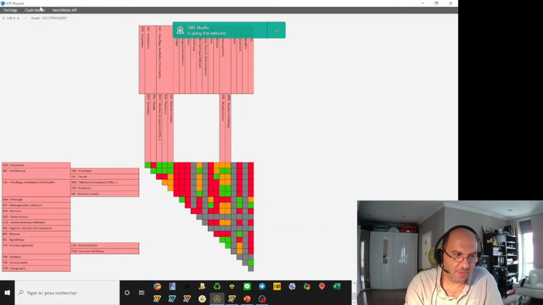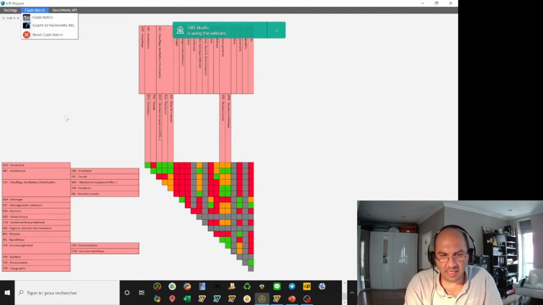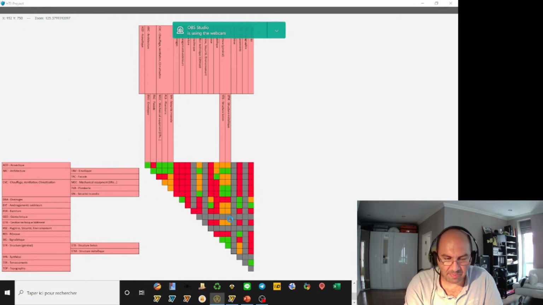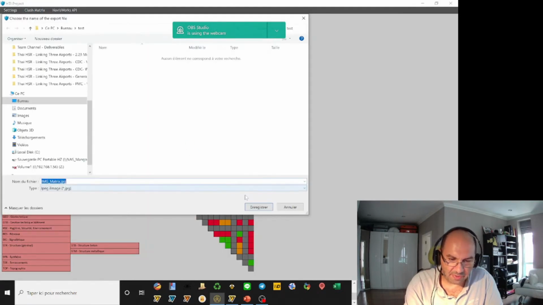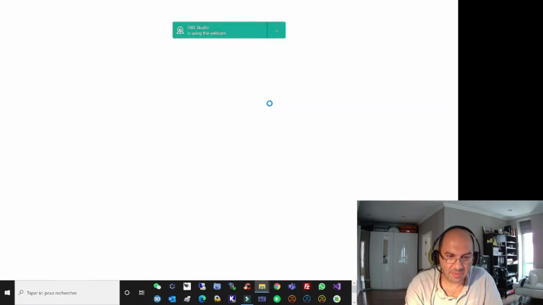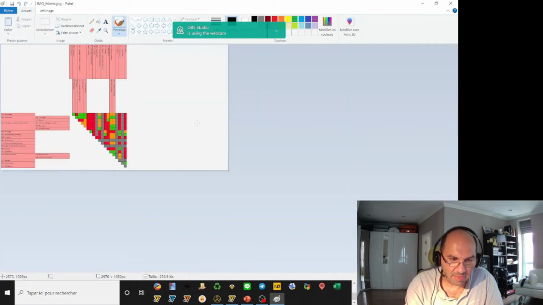And from this, once again, by a simple click, I can generate an XML file for Navisworks. So first of all, as soon as I generated this matrix, I can document my BIM execution plan by doing a right click and saving this diagram as a picture in my working folder here, and then use it, for instance here with Paint, to document my BIM execution plan.